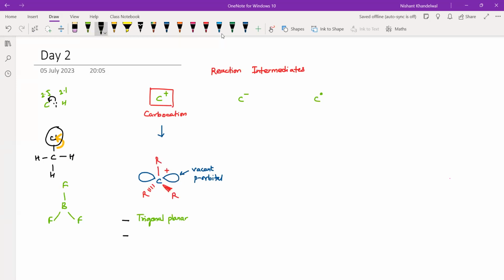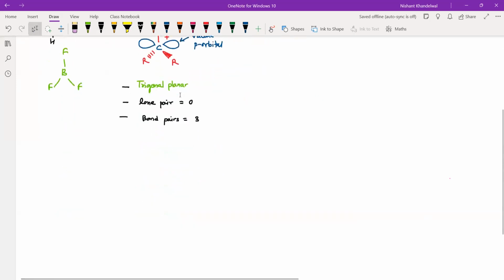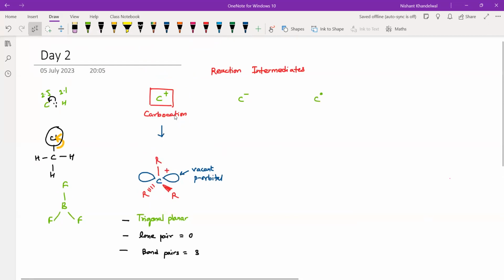Second thing we have to take away is that the number of lone pairs is zero, and the number of bond pairs, can you find out how many bond pairs are there? 3. Okay. And can you tell me the total number of electrons on this carbon center? They are 6. Very good.